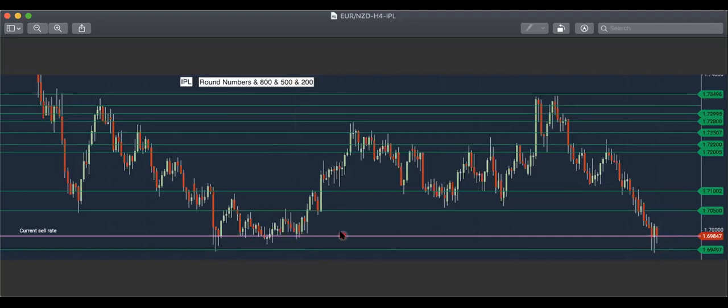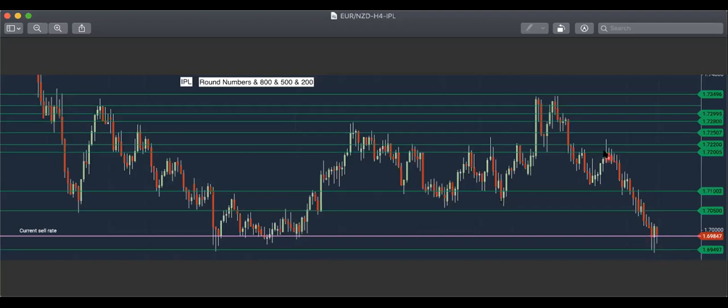So when we are talking about double bottom and double top, you see that IPL even helps us identify double bottom and double top, because this was the downside. So we are expecting this level to act as the second-time support, and it's doing that.